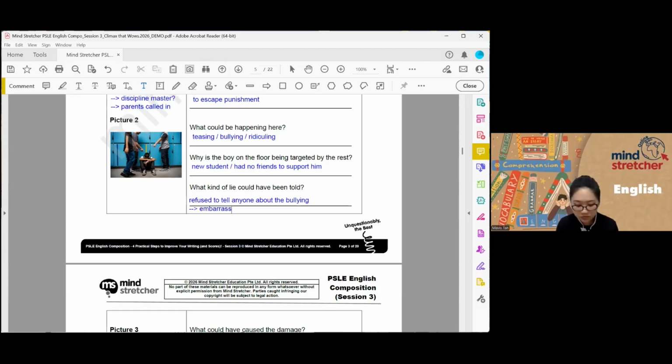A lot of guilt. Victims of bullying often feel a lot of guilt. So they might then not want to embarrass themselves. Yes. They might be threatened. The bullies might say, if you dare to tell anybody, I'm going to blah blah blah. Okay. So maybe he was threatened. Yes. There could be reasons why he wanted to lie.